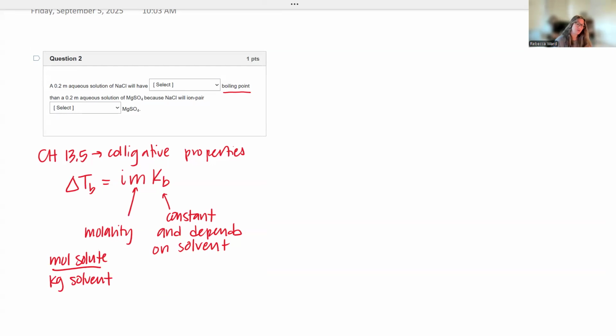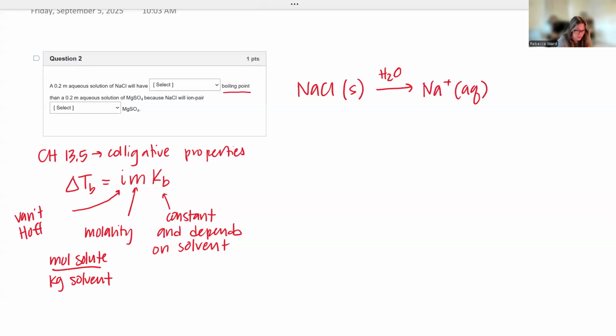And then of course, we got to the van 't Hoff factor, okay? This was really important when we considered ionic compounds, because ionic compounds are electrolytes. So NaCl, right now it's solid. I'm going to put it into some water and it becomes aqueous. It dissolves. I wind up with Na+ aqueous and Cl- aqueous.